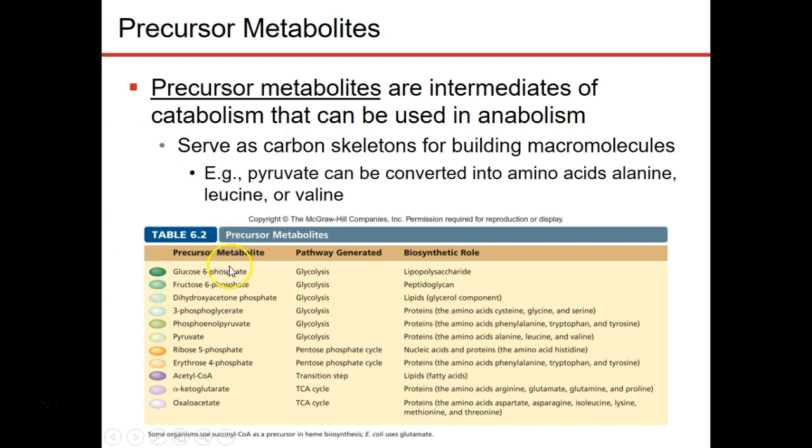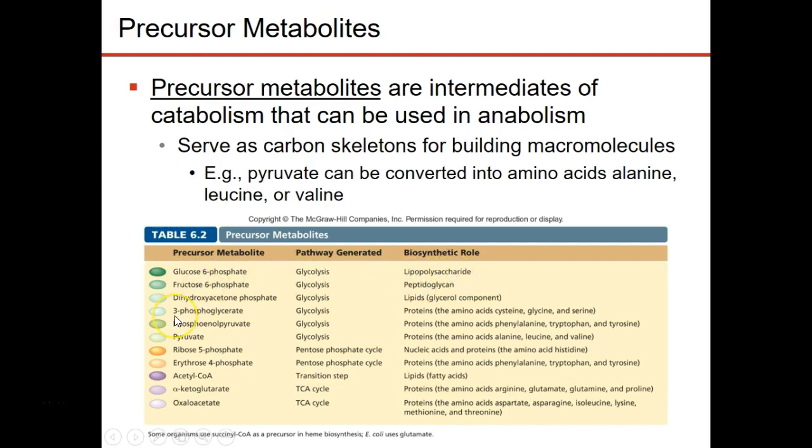And so down here you can see, like here you started with a glucose molecule. When it gets activated, it becomes glucose 6-phosphate. If we don't want to break it down any further, or we don't want to modify it any further, we can just use that in a biosynthesis role.